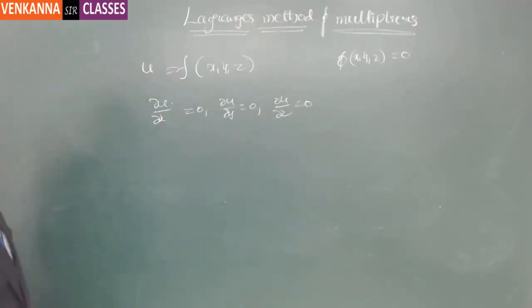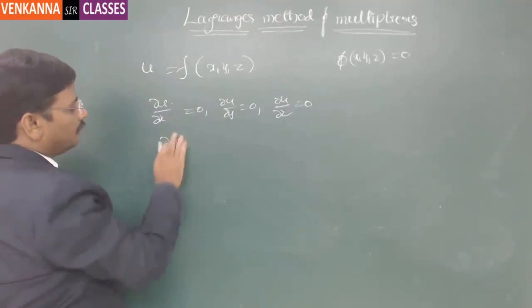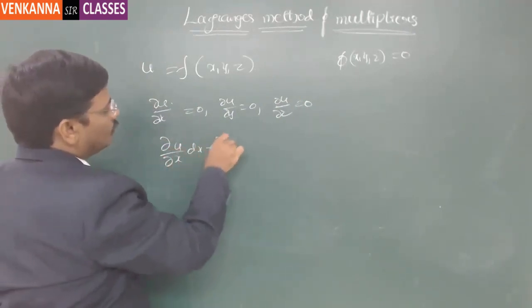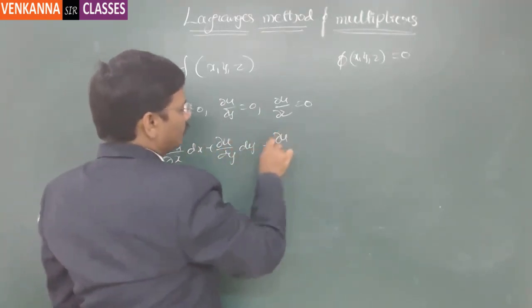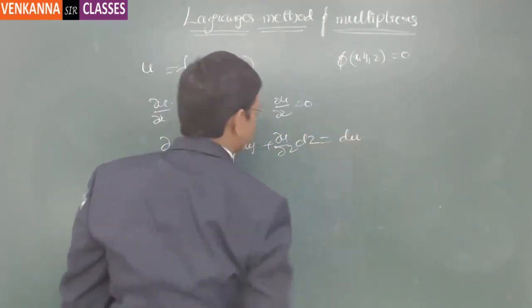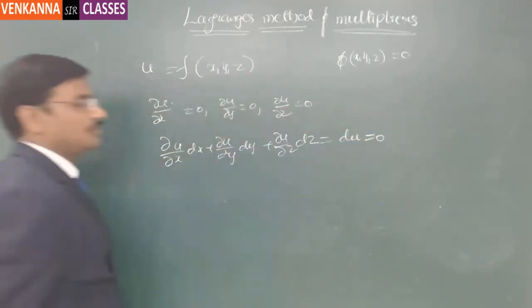Now, taking the partial derivatives, dou u by dou x into dx plus dou u by dou y into dy plus dou u by dou z into dz, and this is what we call du, which is nothing but the total derivative, and this du is equal to 0.